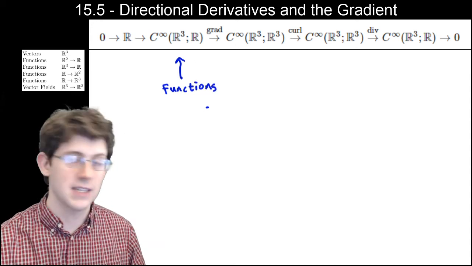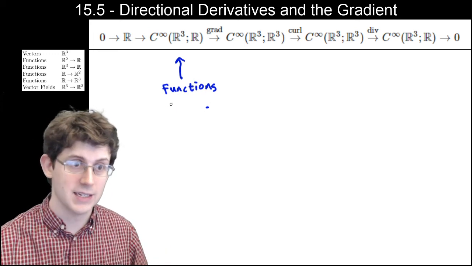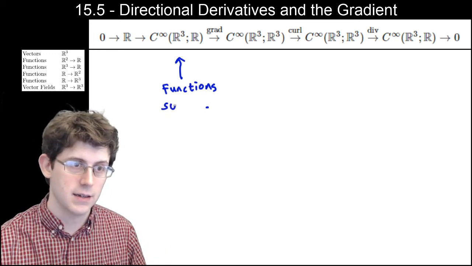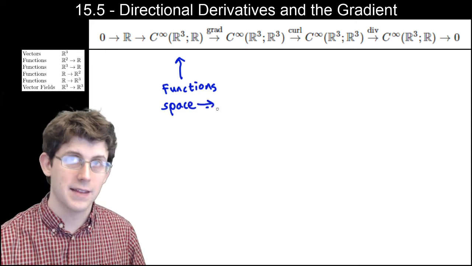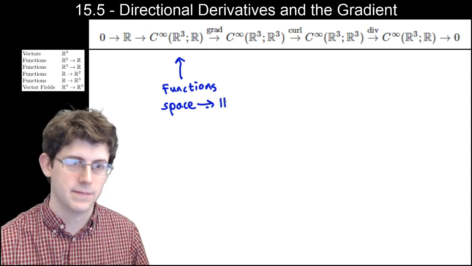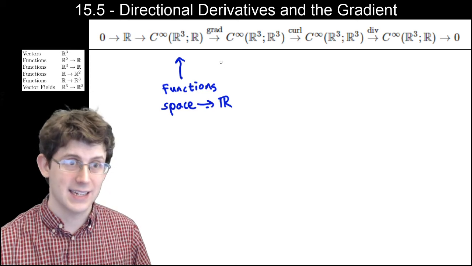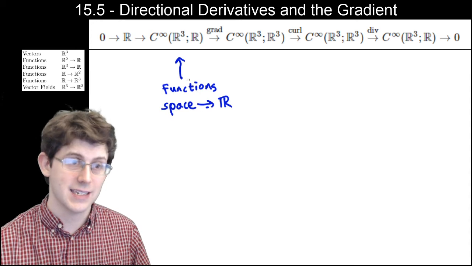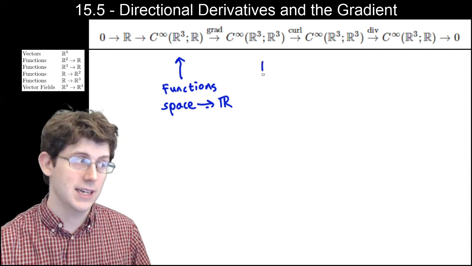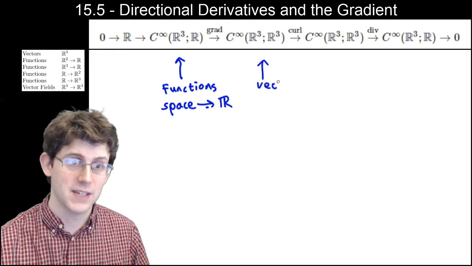This C infinity R3R is functions that have an input as points in space, and their output is individual numbers. If you take the gradient, that's this arrow, the word over the arrow there is grad. If you take the gradient of a function, you get this kind of object, and that object is a vector field.